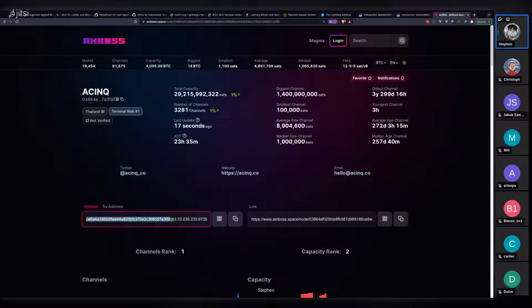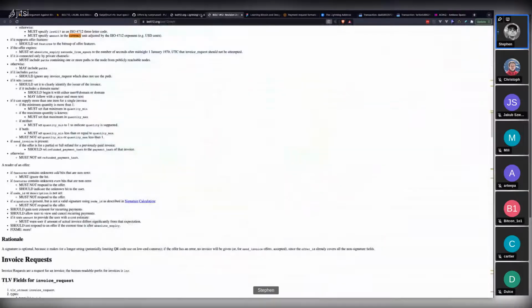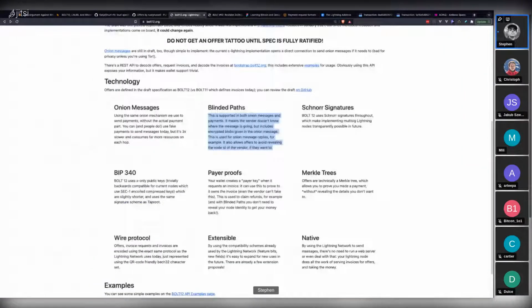But with a blinded path, you can make a payment to a recipient, not really know which node the recipient is, but still receive proof that the person got their money. That's pretty trippy. So that's going to be an incredible boost for privacy on the Lightning Network.